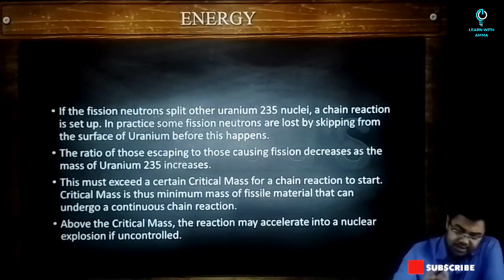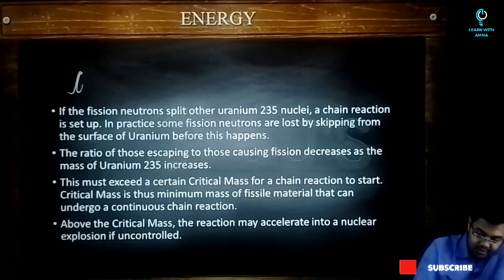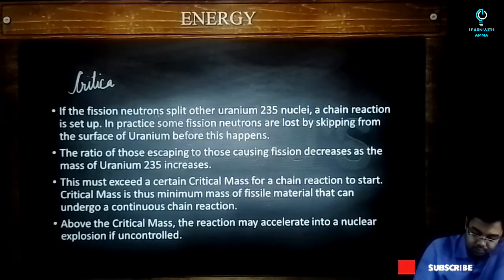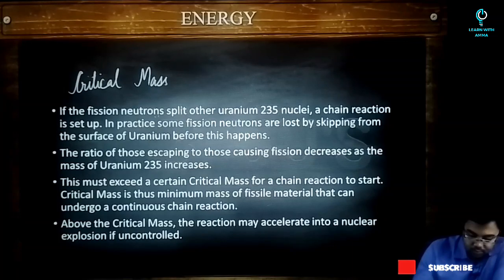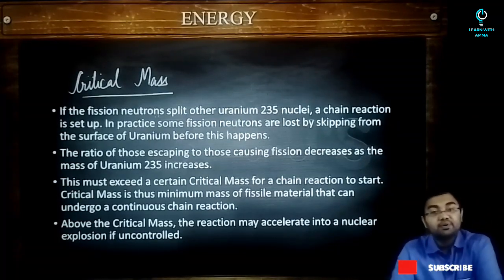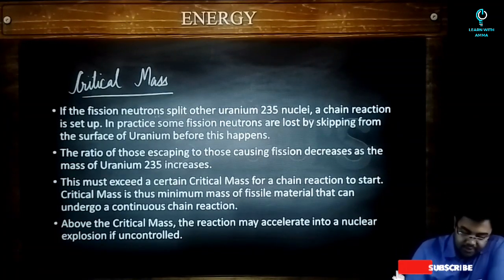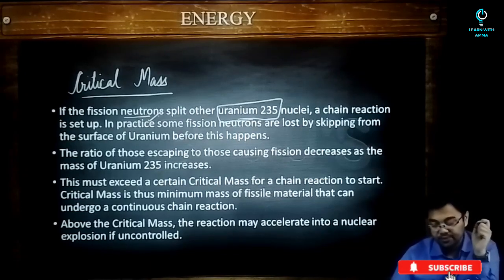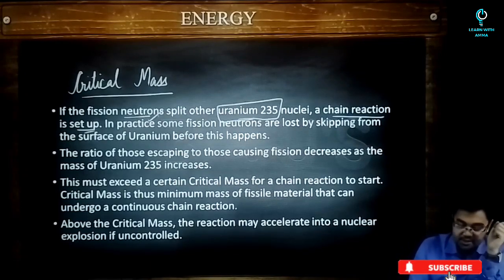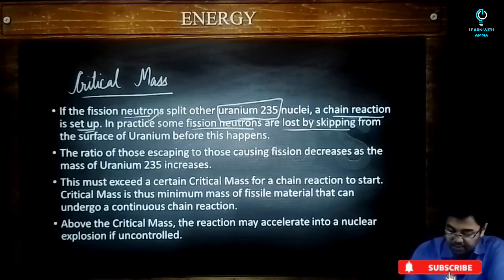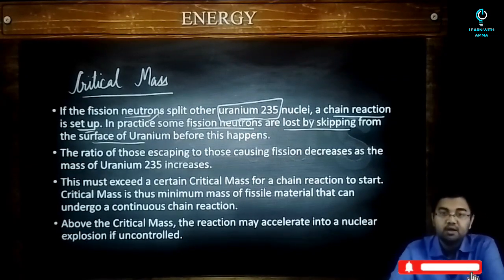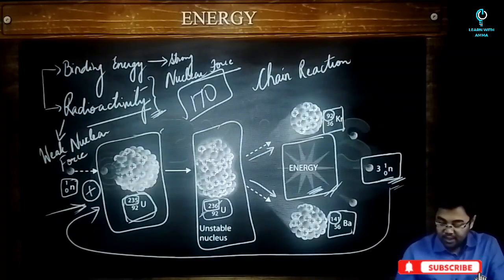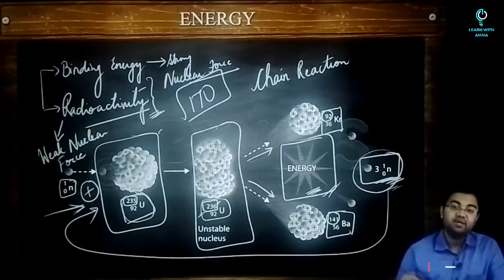Now one more concept that you need to know about is critical mass. When we talk about critical mass, if you look at this line, the fission neutrons split other uranium-235 nuclei and a chain reaction is set up. So in practice, some fission neutrons are lost by escaping from the surface of uranium before this happens. So out of these three, some of them may escape.